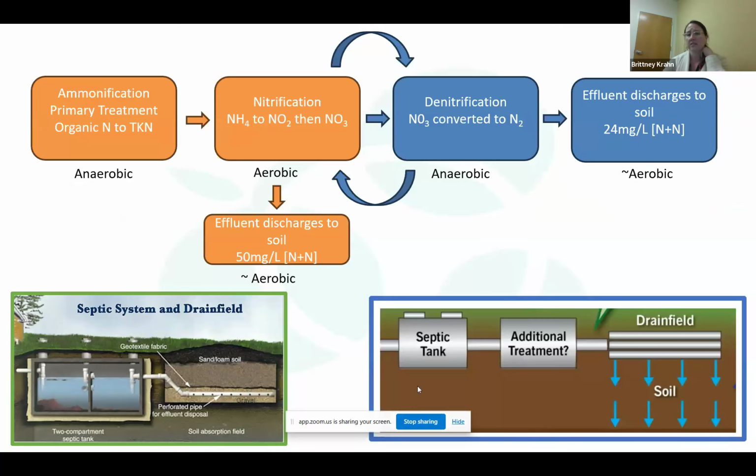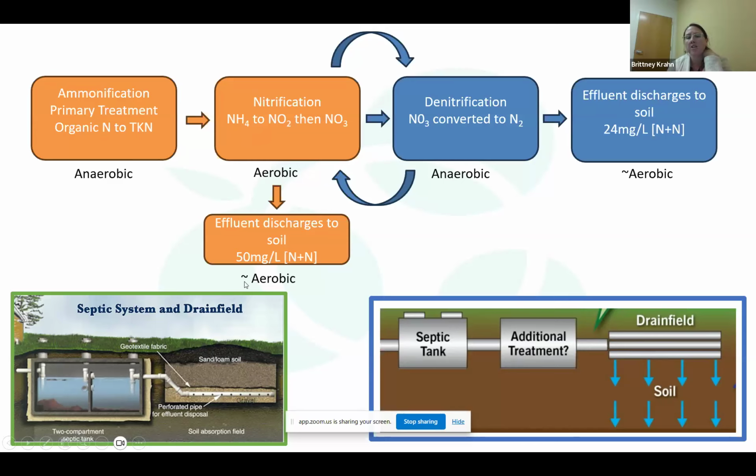So here's what that cycle looks like for all of you organic chemists. Essentially, we have the ammonification, which happens in a standard septic tank. And then there's nitrification, which is a partially aerobic process, which then discharges to soil.